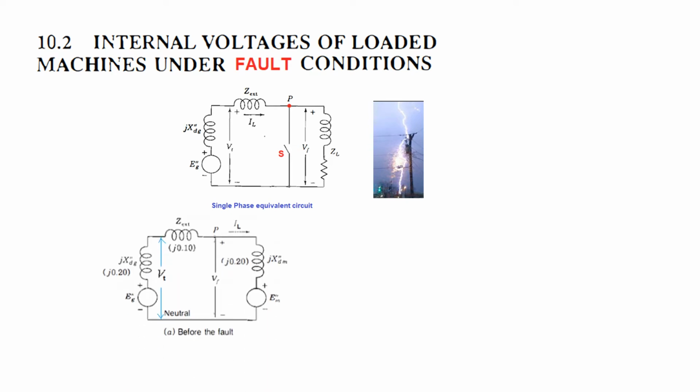Before the fault, instead of the load, we have incorporated the motor here. The motor, when there is no supply and the circuit is short circuited, will behave like a generator, and that is why we are representing it by E M double dash and the motor reactance. This is the generator reactance, and this is the reactance of the load line or the transmission line.